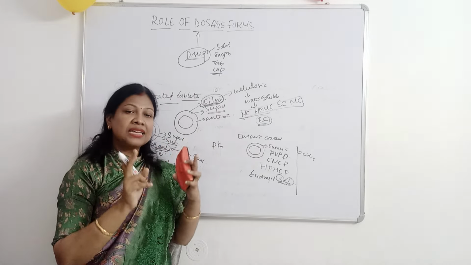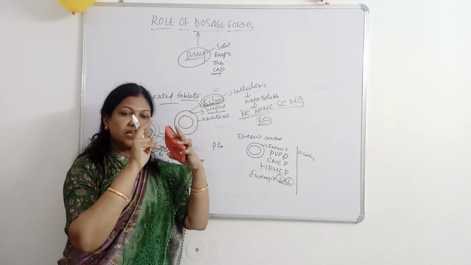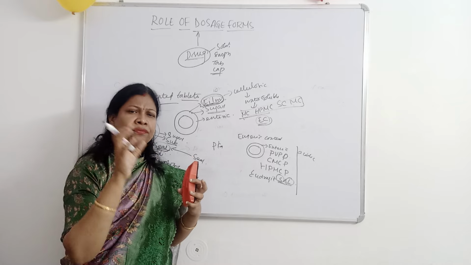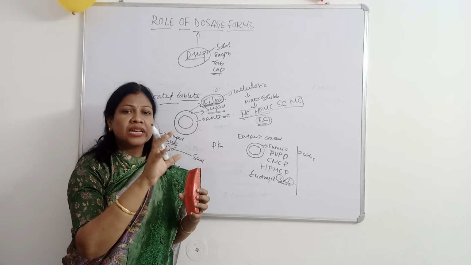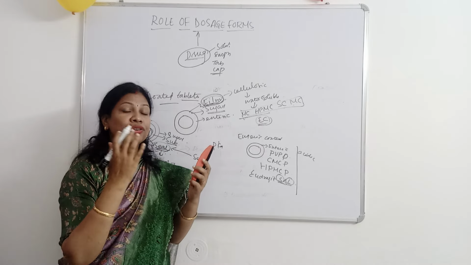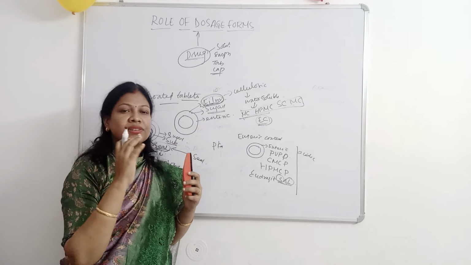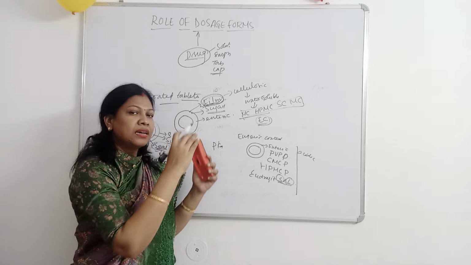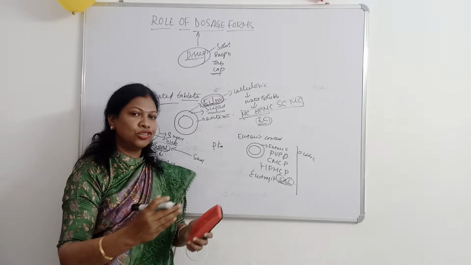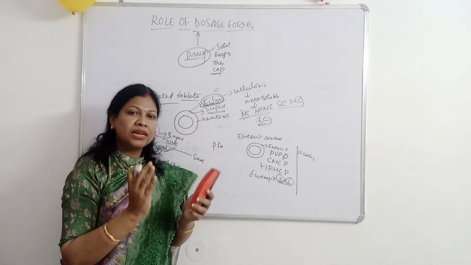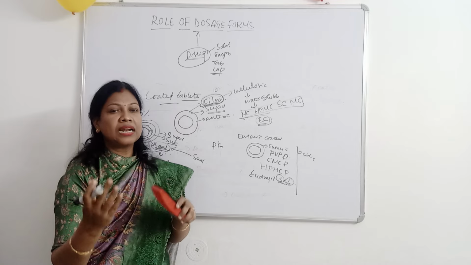Here, as the polymer is acidic in nature, they will be unionized at gastric pH. So they cannot dissolve, as they are not ionized. So it stays intact in the gastric region and goes intact into the intestinal region, where the acidic polymer is exposed to the alkaline medium.